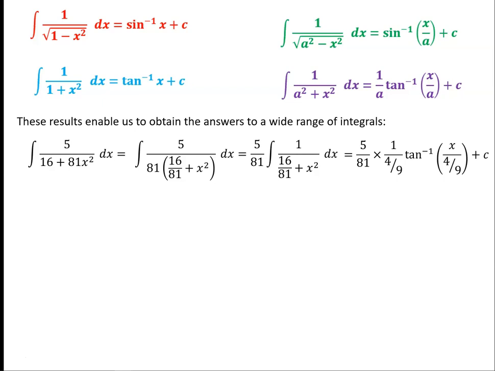So I've got 5 81sts times 1 over 4 ninths, tan to the minus 1 of x over a, which is 4/9. So we've got 5/81 times 1 over 4/9 tan to the minus 1 of x over 4/9 plus c. And if we simplify that out, we've got 5/36 tan to the minus 1 of 9x over 4 plus c.